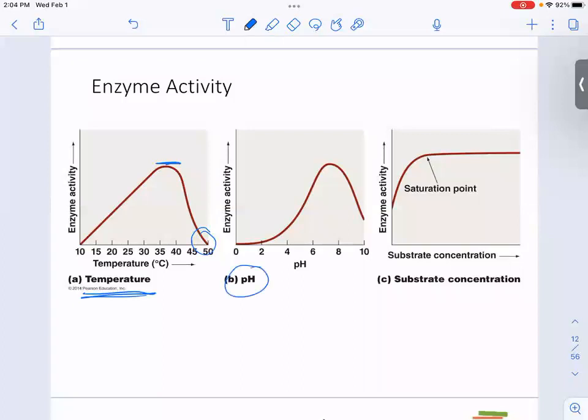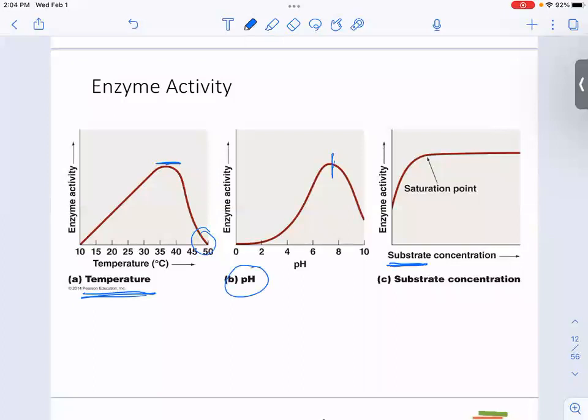Same thing with pH, fairly narrow pH range. This shows an ideal pH of 7, but again, it could be different depending on what enzyme we're talking about. And we have to think about the substrate concentration as well as the enzyme concentration.